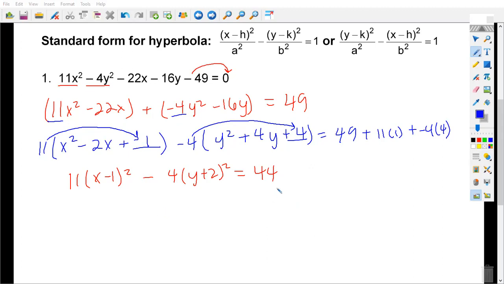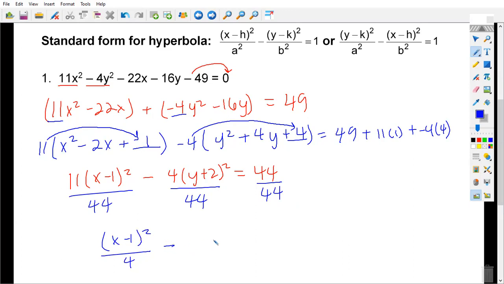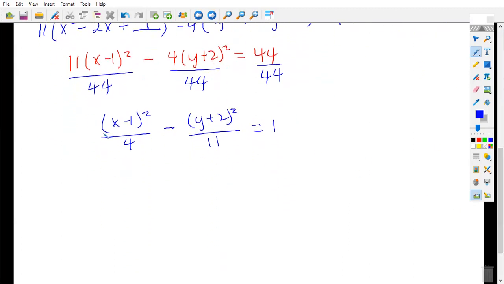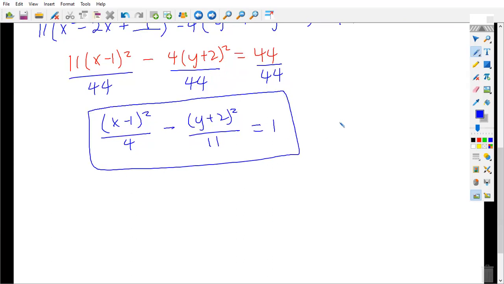And then the final step is to divide by your constant and simplify. So I'm going to divide by 44, divide by 44, divide by 44. And we're left with (x minus 1) squared over 4 minus (y plus 2) squared over 11 equals 1. And here we have a what kind of hyperbola? Perfect.